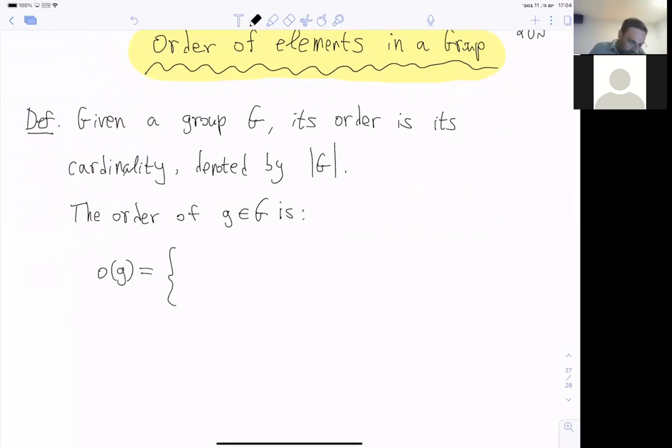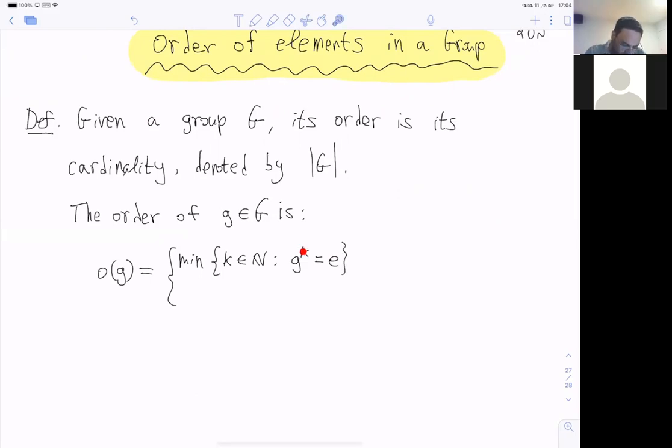Okay, it is the minimal natural number k such that g to the power of k is the neutral element.